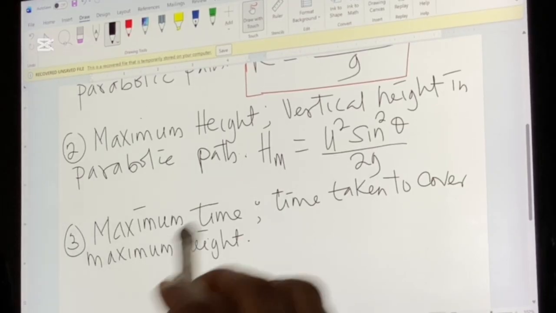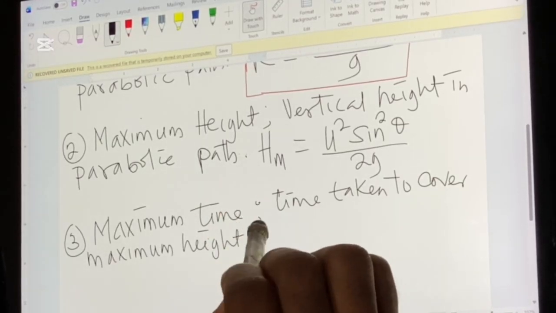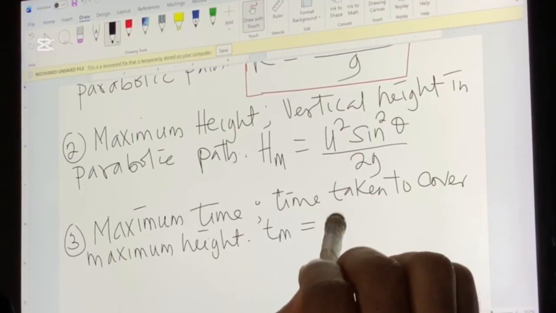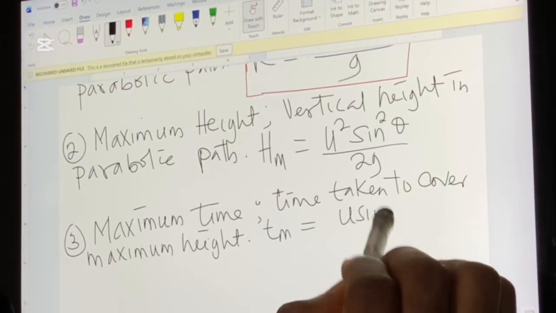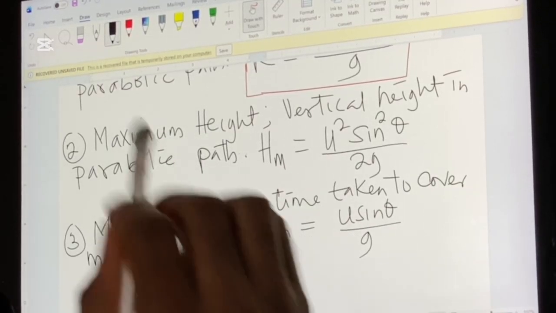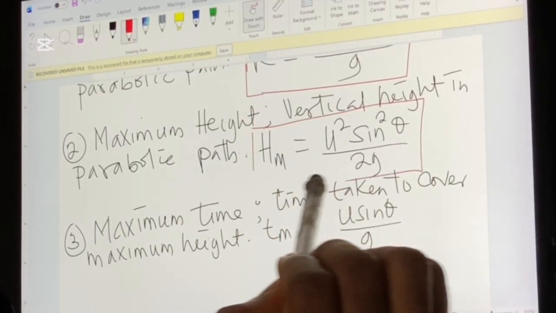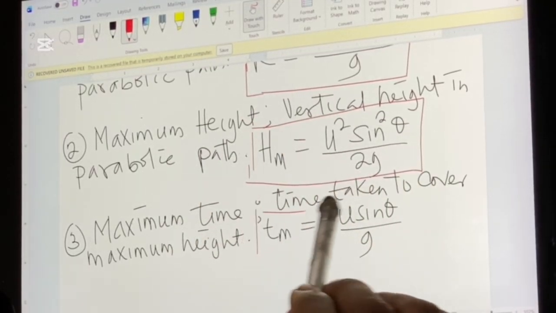Please take note. So the mathematical expression here, T max is equal to u sine theta over g.